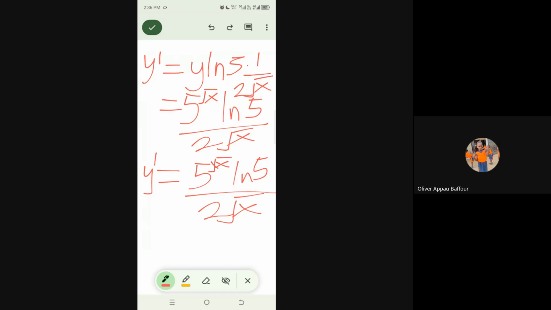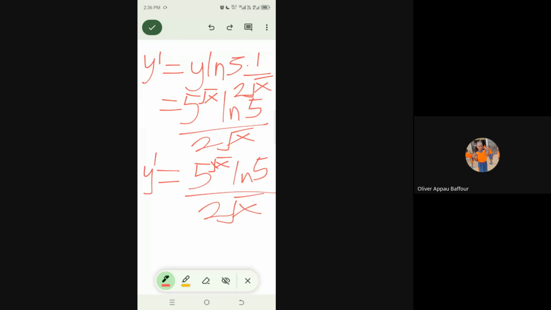So when you have an exponential function, what you do is that your f of x, you change it to y. When you change it to y, you take the ln of both sides and you bring the exponent down because of indices. After that, you differentiate both sides. The y side, because it is going to use implicit differentiation, after differentiation, you bring y prime equal to the right hand side you differentiate.